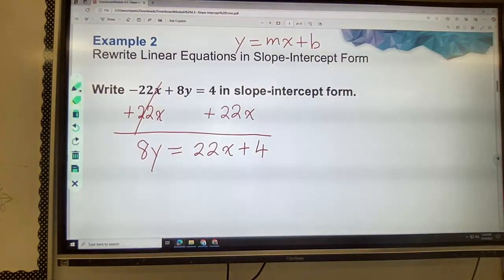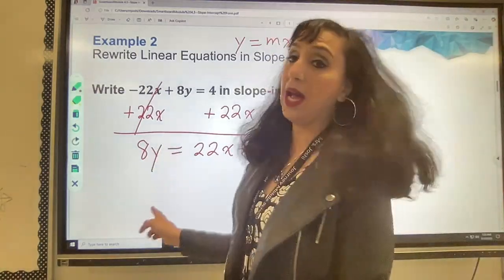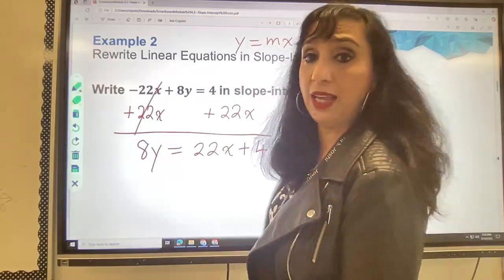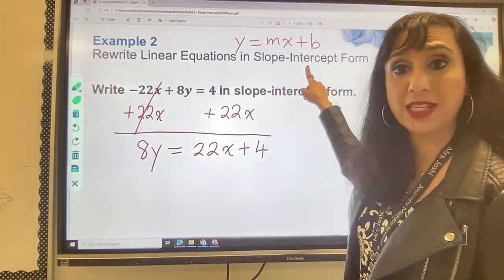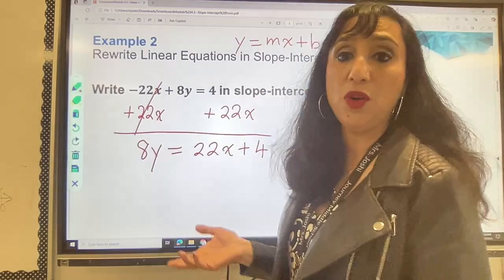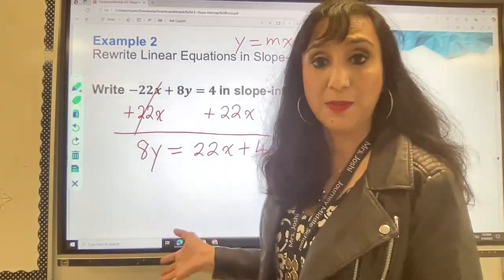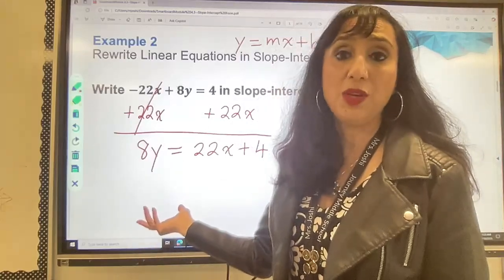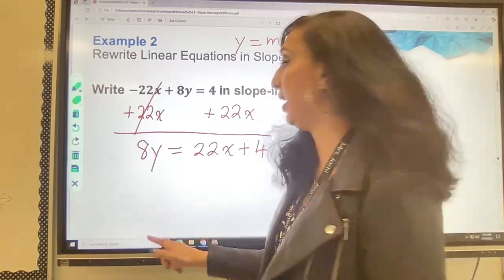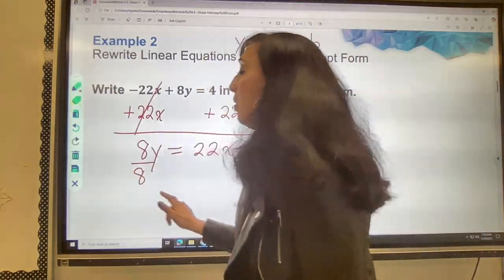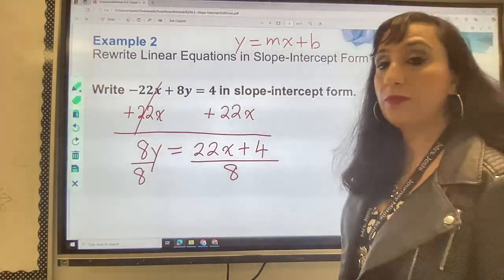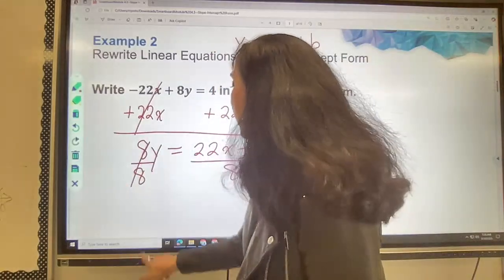Right? And then the next thing I'm looking at, I'm simplifying. And I know 8y, because I'm trying to isolate the y so that I can have it in that format of y is equal to mx plus b. And so I'm going to divide both sides by 8 because the inverse operation of multiplication is division. So I'm using the division property of equality. Divide by 8. Whatever I do on one side, I'm going to do the same thing on the other side. And so 8 divided by 8, I get 1.